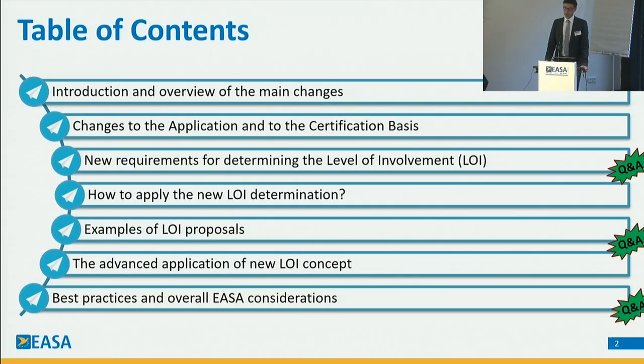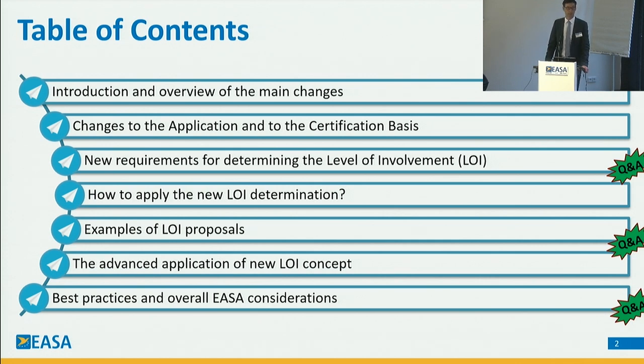So we will go through a short introduction of the overview of the main changes in Part 21 and the corresponding AMC/GM material, changes to the application and to the certification basis, and the new requirements for determining the level of involvement, which is a huge part of the new Part 21, so the new risk-based approach: how to apply this new LOI determination, proposal from the applicant side, determination from EASA side.